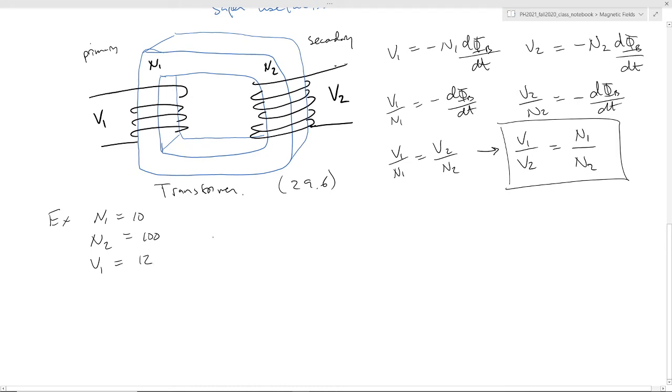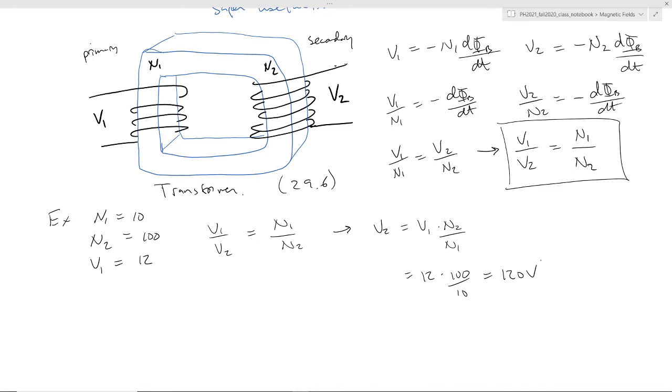Then we could solve this for the voltage on the secondary. If we just put in our numbers here, 12 times 10 is 120 volts. So in this case, if you put more windings on the secondary, you can increase the voltage. So this is what would be known as a step-up transformer.